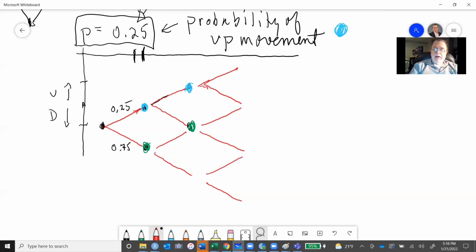Okay, remember all the downs are going to be green and all the ups when they finish are going to be blue. So this is going to be what? Blue or green? Right. This one's going to be blue or green.